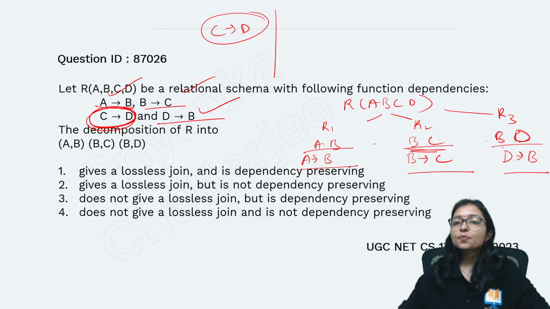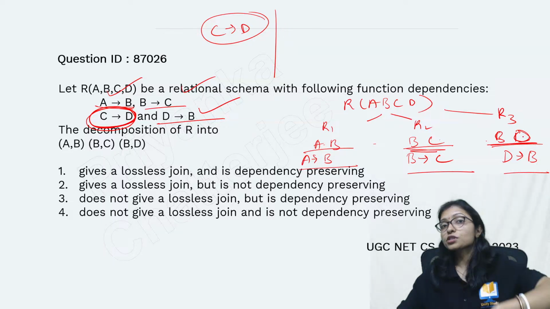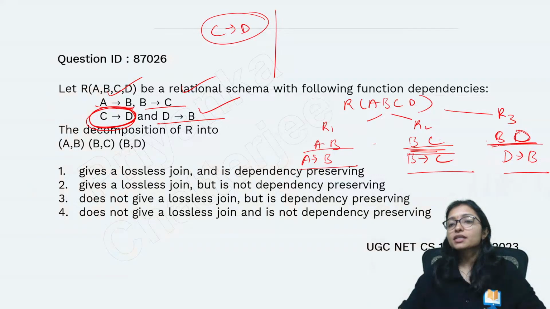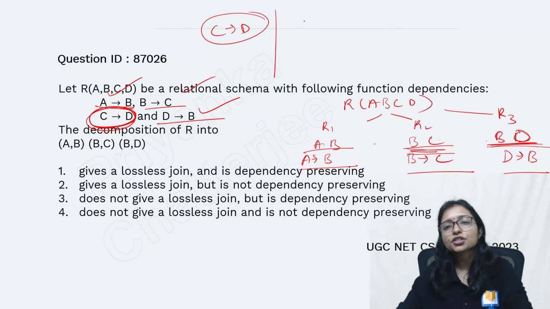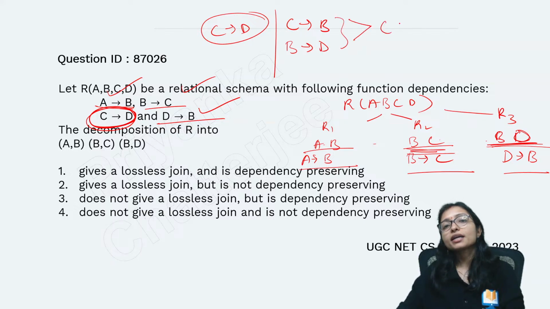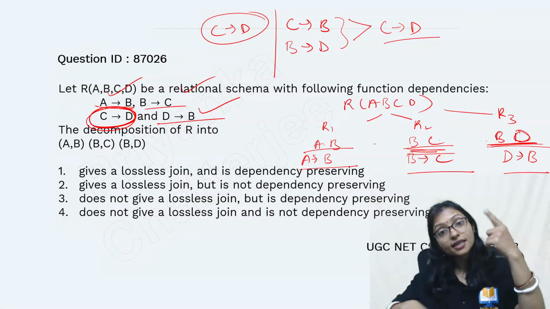Here BC is present, here BD is present. Think opposite way. Here BC is present, here BD is present. So if I can find out the functional dependency like C implies B and B implies D, by transitive property I will get C implies D. Always think in opposite way.